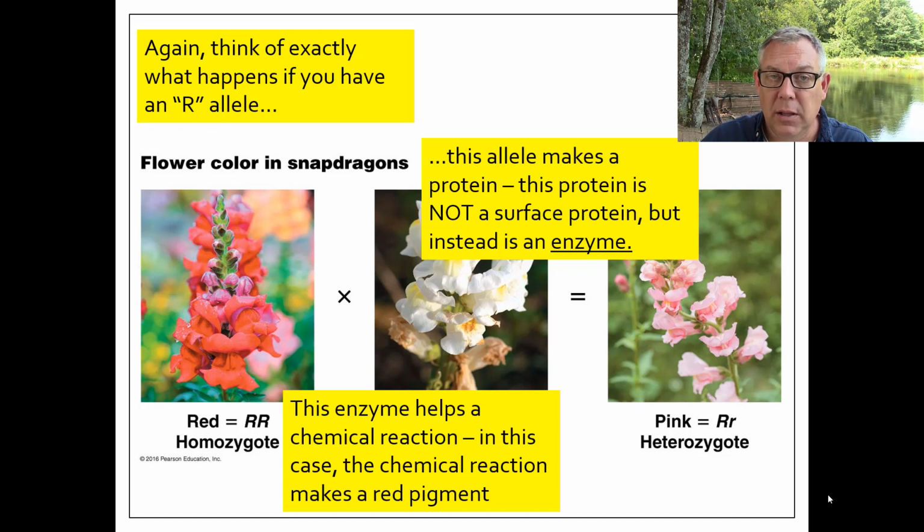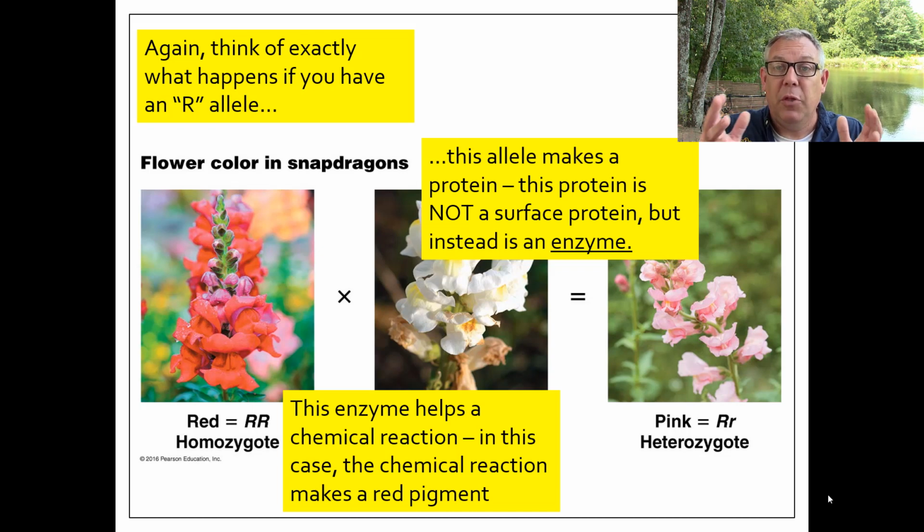So if you've got the big R allele, you produce an enzyme that helps to make this chemical reaction that results in red pigment. If you have the small R allele, the DNA's changed a little bit, the RNA's changed a little bit, the protein has changed enough that its shape is messed up and it doesn't work. And so the enzyme does not catalyze a reaction, so no pigment gets made by that allele.